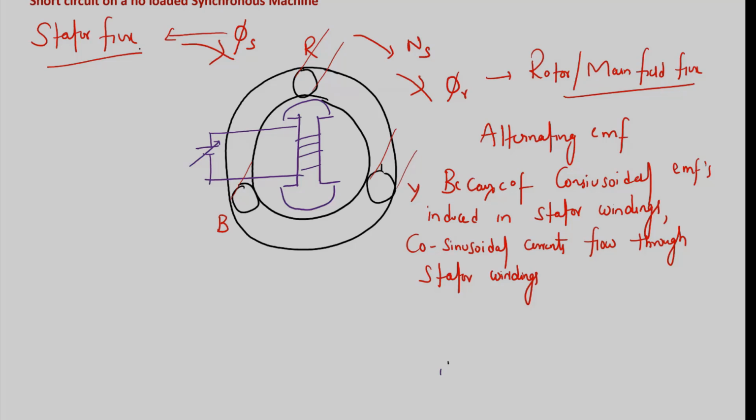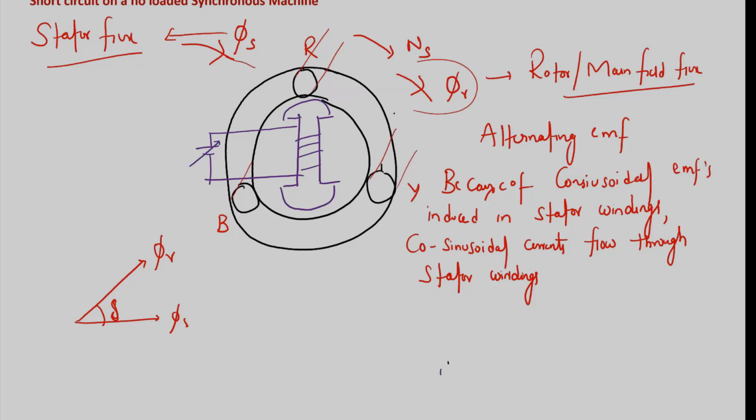It also rotates in the same direction as the rotor flux, but there is an angle between them. Both fluxes are rotating in the same direction. The angle between them is called delta. This is called the power angle or torque angle.